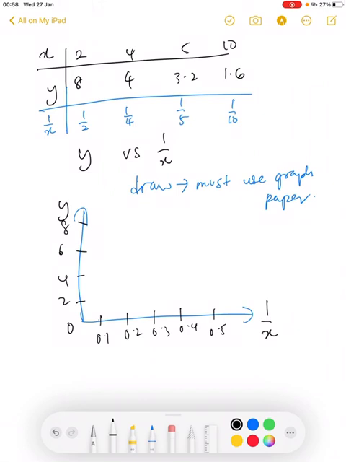Then you plot. First 1.6 here, at 0.25, which is 1 over 4. So it's not here.